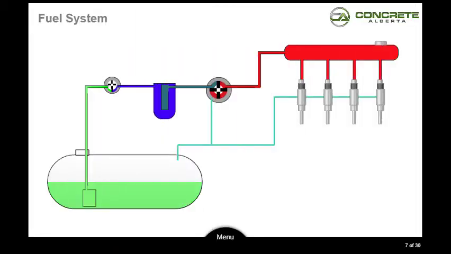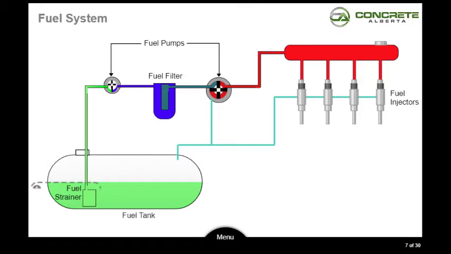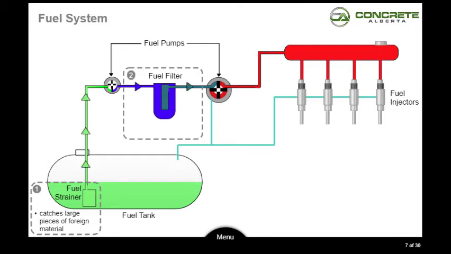Fuel system. The engine system consists of fuel injectors, a fuel pump, a fuel strainer, a fuel filter, and numerous connecting fuel lines. Fuel is first drawn from the fuel tank and travels through a fuel strainer. It catches large pieces of foreign material in the fuel system. The fuel pump then forces the fuel through the fuel filter, which removes most small foreign material.